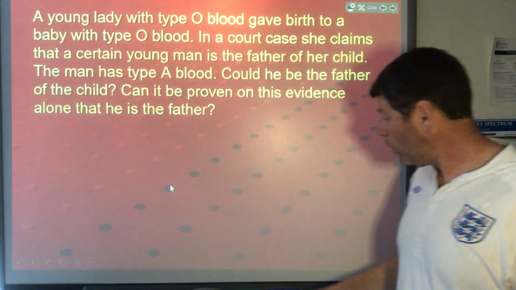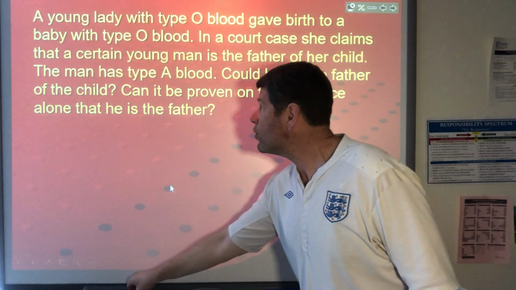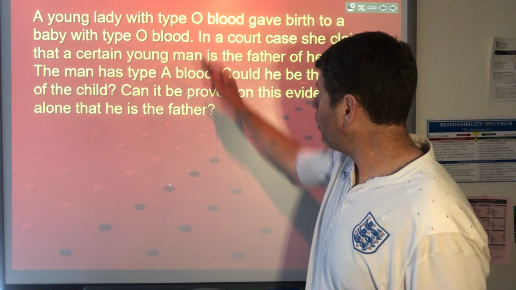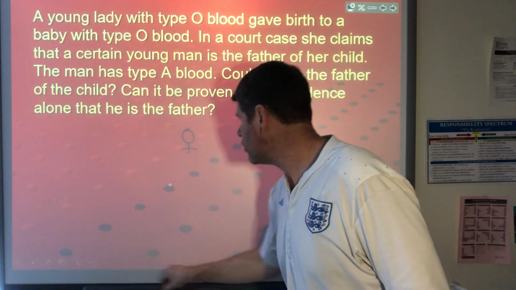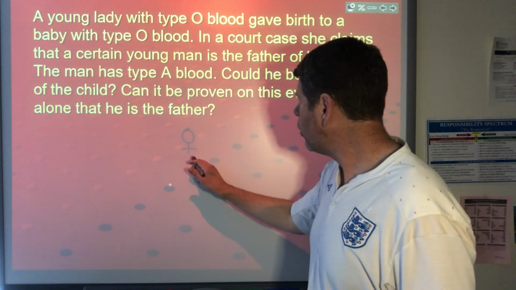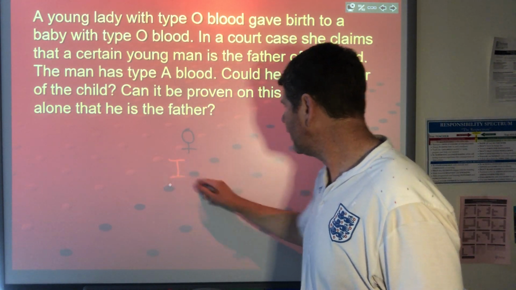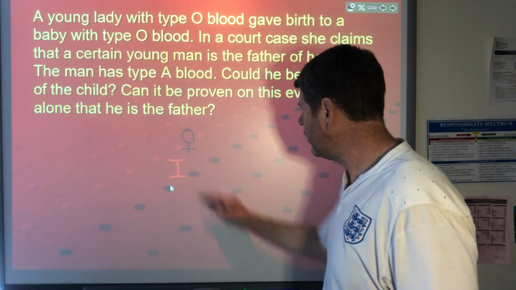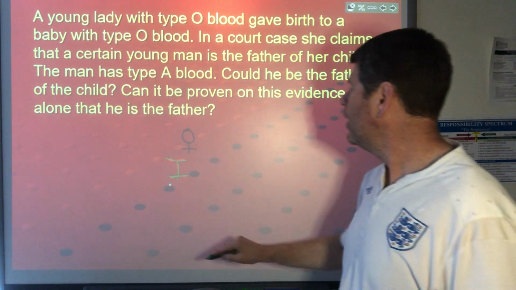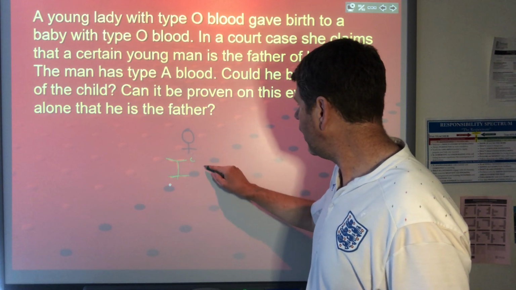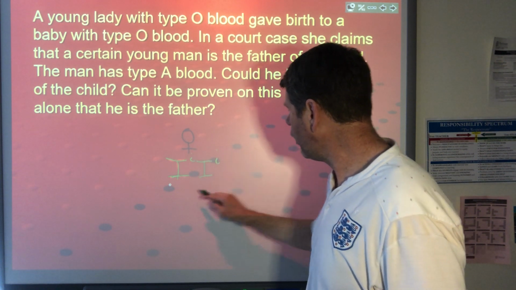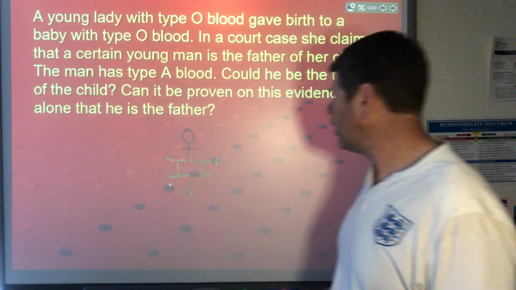Well, what I would do in this question is, I know that the type O woman, so this is our symbol for lady, let's see if this shows up a little better, let's try green. The female is type O, so we could write it like this, but quite often we could also write it like this, two little i's.